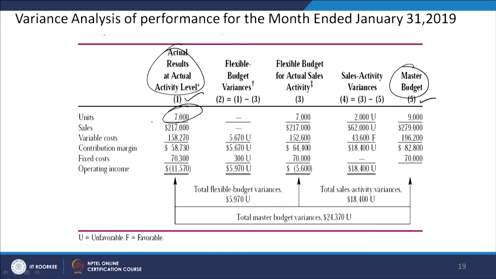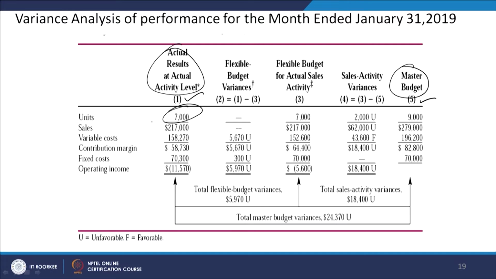But we have to have two kinds of variances. I told you that we calculate the variances like sales activity variance, and second is the flexible budget variances. Sales activity variances we first calculate, that is between the budgeted level and the actual level. Why the actual sales activity has come down from the anticipated or budgeted 9,000 units to 7,000 units, first we will have to find out the reasons for that, right.